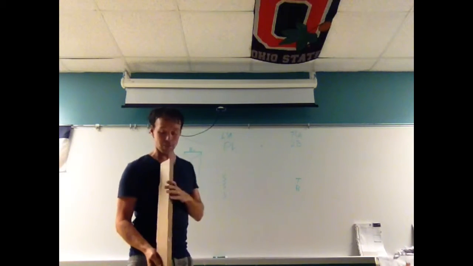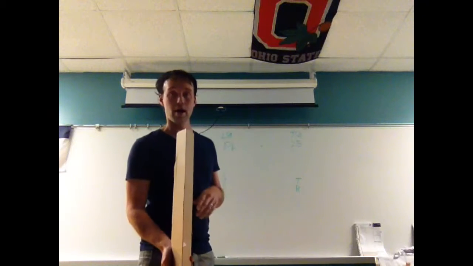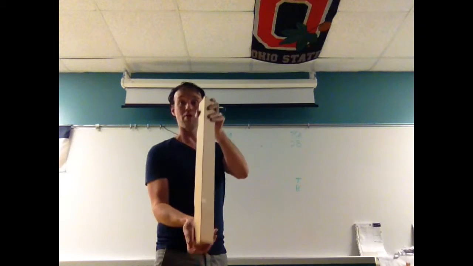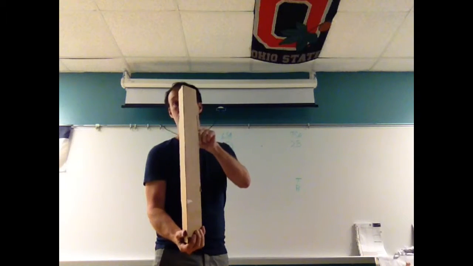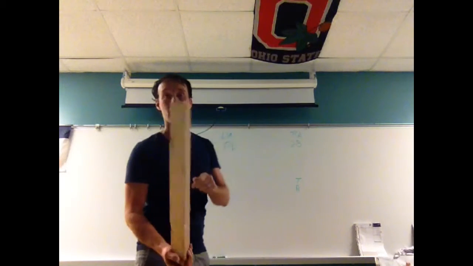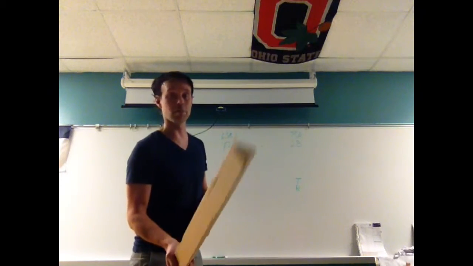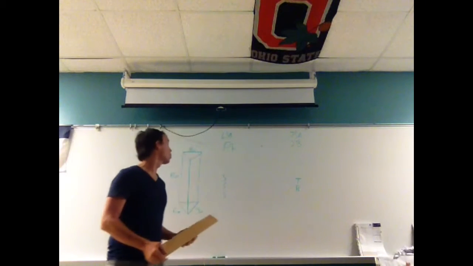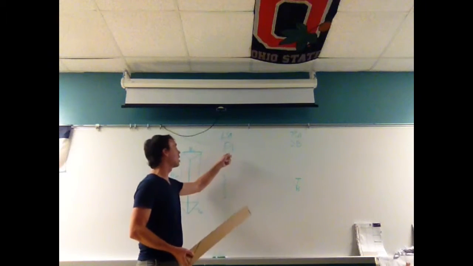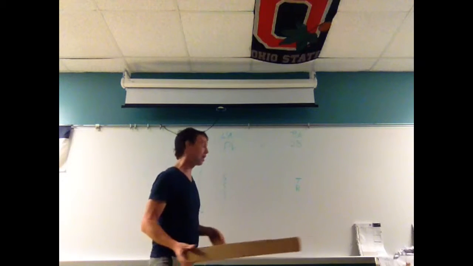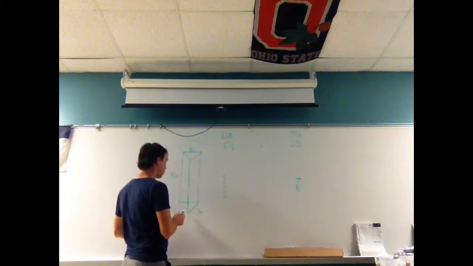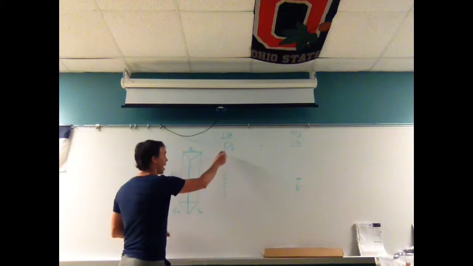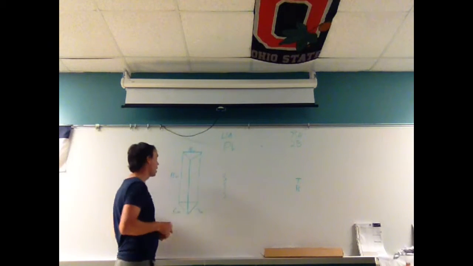So with a triangular prism, you have a top, you have a bottom, you have three sides. 1, 2, 3. If I'm using the method from the formula chart, you're going to find the perimeter of the base, which is this capital P, and multiply it times your height.